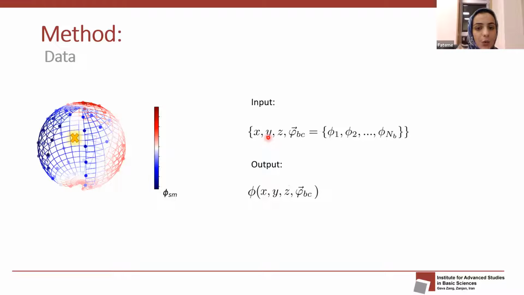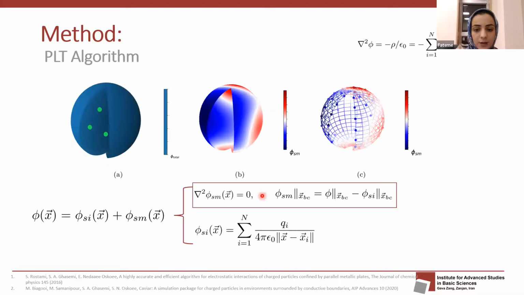So our input is x, y, z plus 26 potentials on our boundary, and our output is the smooth potential at the position x, y, z. After we predict the smooth potential, we can easily sum it with the singular potential and calculate the total potential.